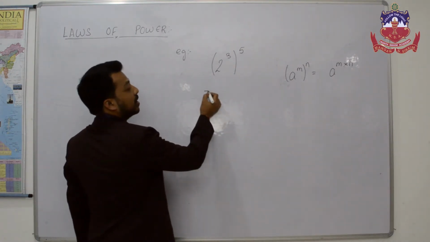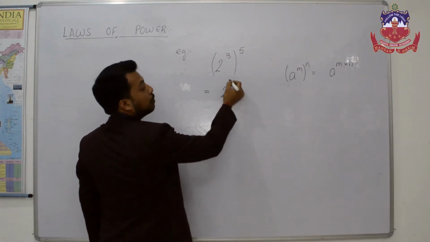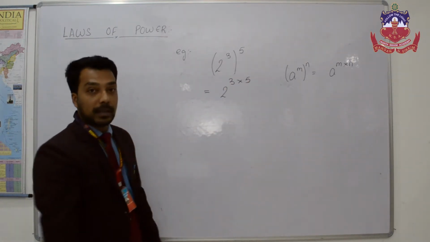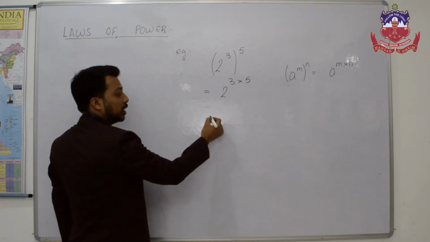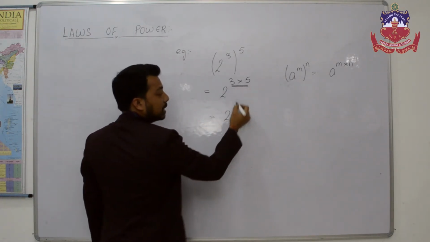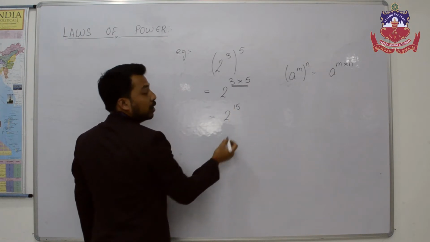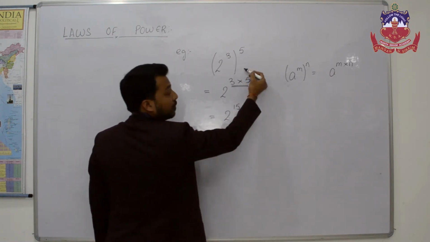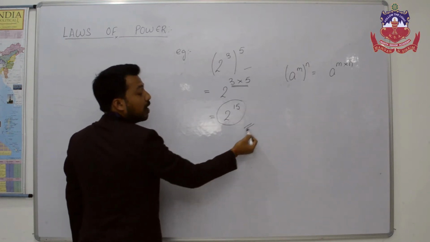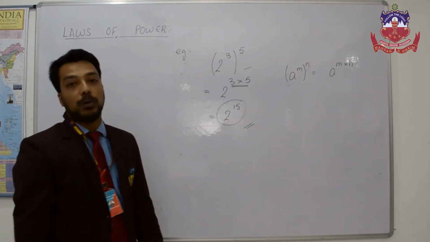So this can be written as 2 to the power 3 into 5. In the next step, we multiply these two powers and the answer that we get is 15. So the simplification of this one is 2 to the power 15 using the first law of power.